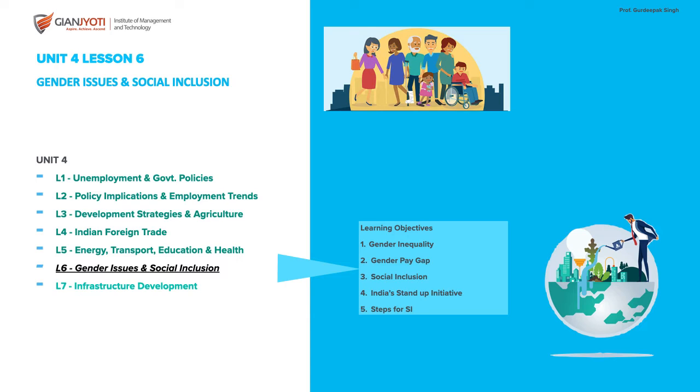So, let us discuss what are the challenges our country is facing in terms of gender inequality, gender pay gap, social exclusion, and what are the initiatives which the government has taken, and in detail whether those steps have been effective so far.